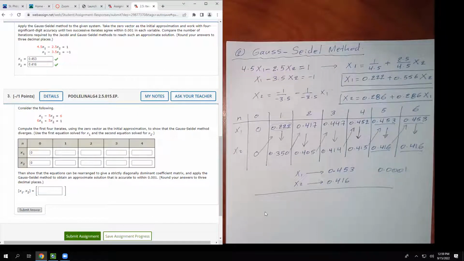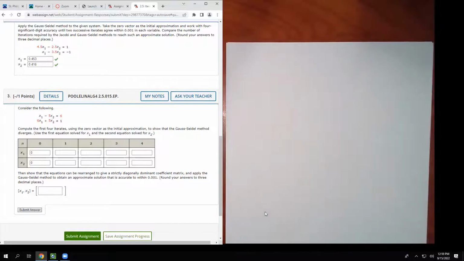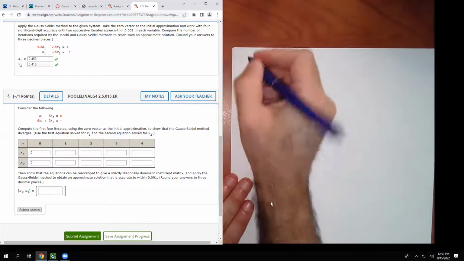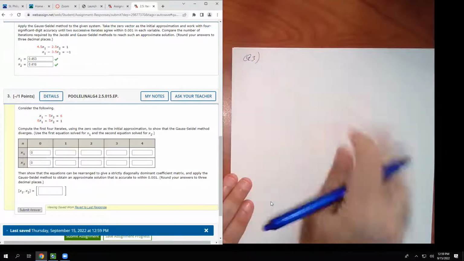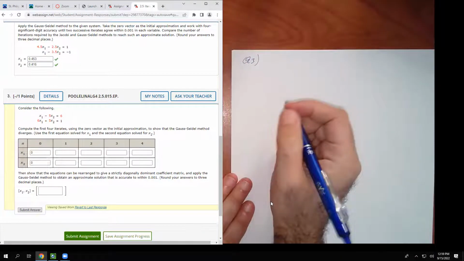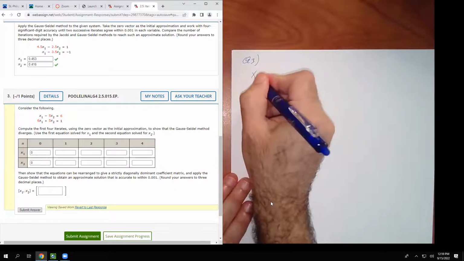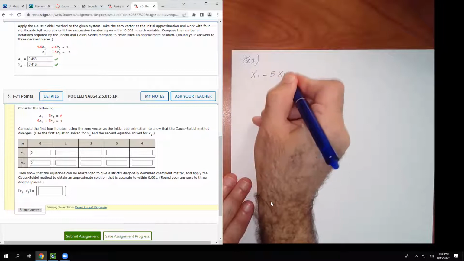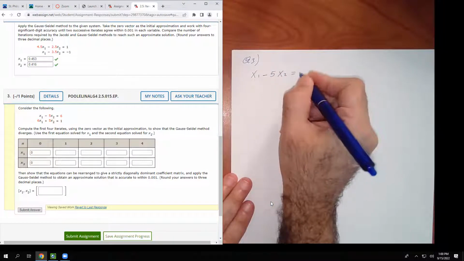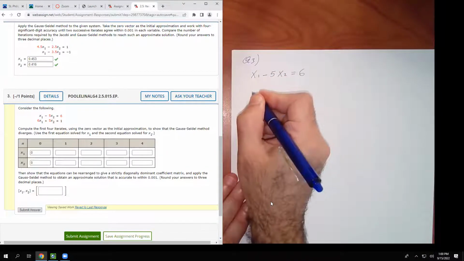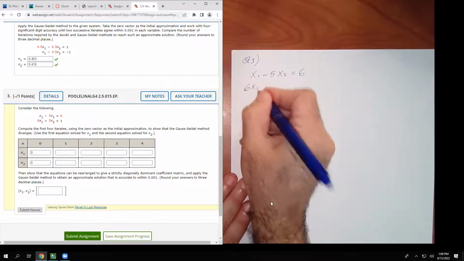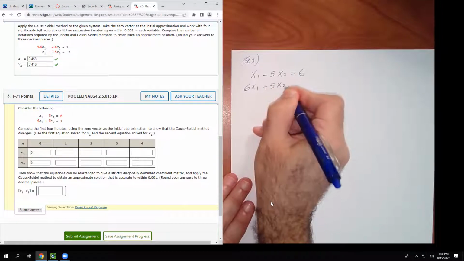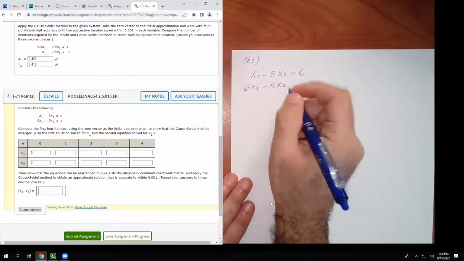Then let's write down the first equation. It is going to be x1 minus 5x2 equals 6, and 6x1 plus 5x2 equals 1.